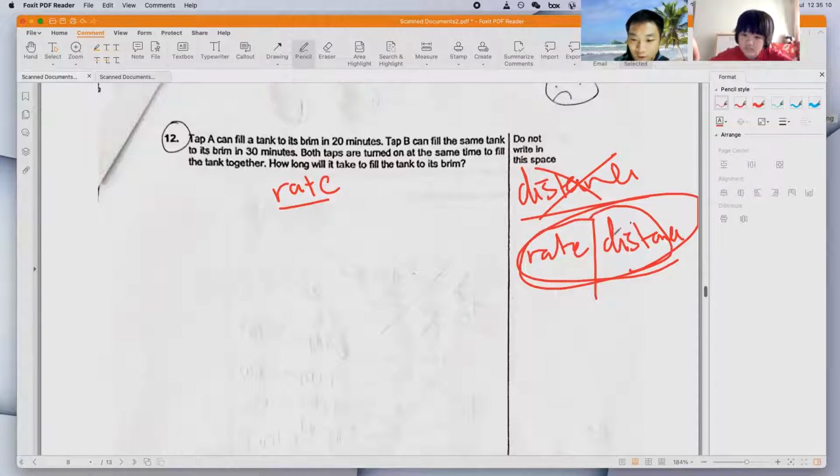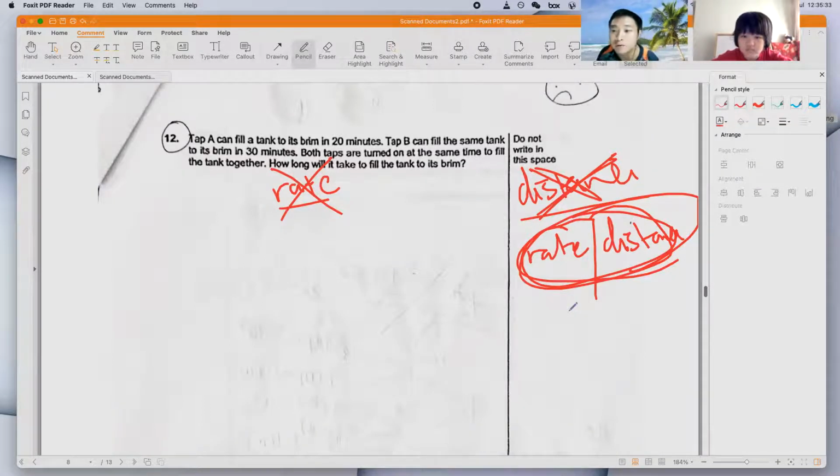Okay. So from your side, I understand that rate is not covered, distance is not covered. So I also want to confirm with Nancy once again about the rate and distance question. If not, I'm going to send an email to MOE already. I want to confirm. Never mind. I wait for Nancy's confirmation.